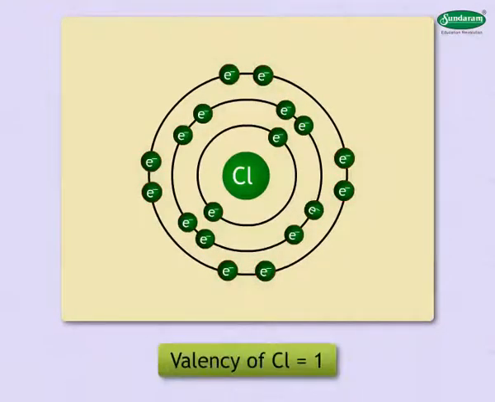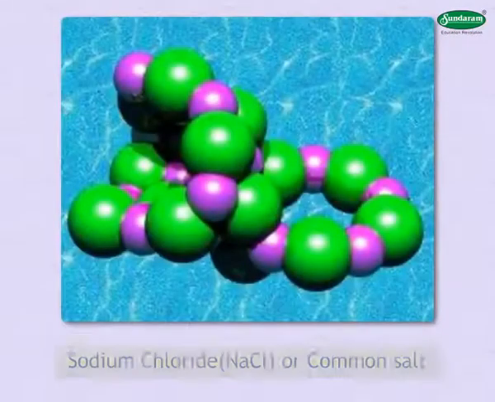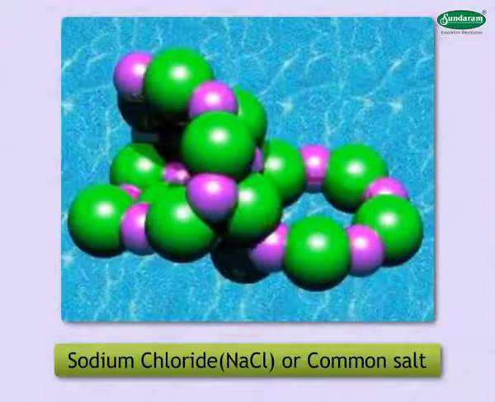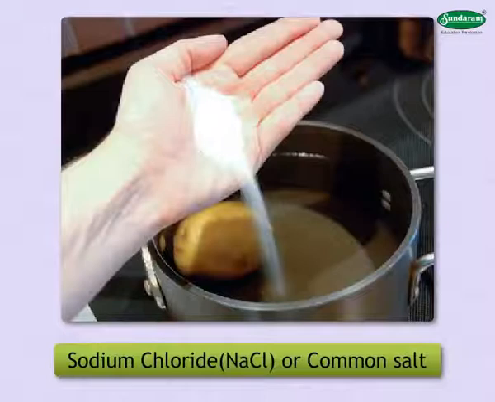The valency of chlorine is 1. Sodium ions and chloride ions are bonded to each other by this transfer and form a compound sodium chloride or NaCl, which is the chemical name for common salt, an integral part of our food.